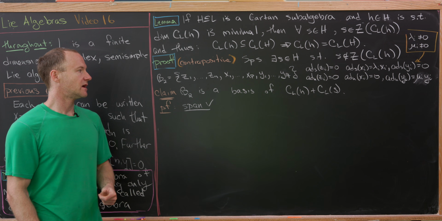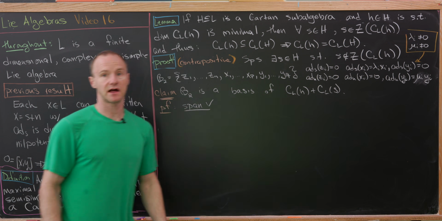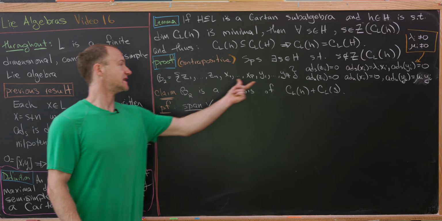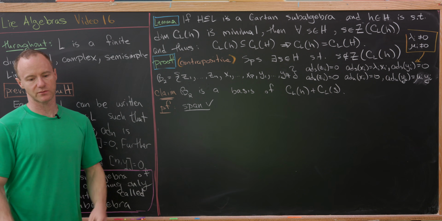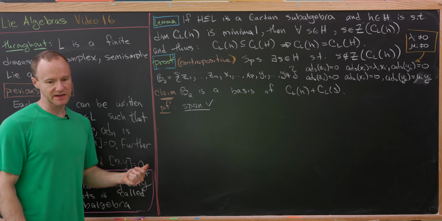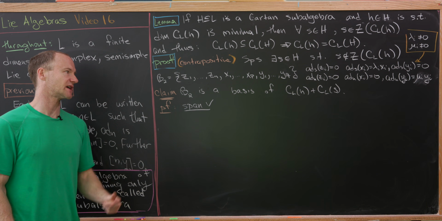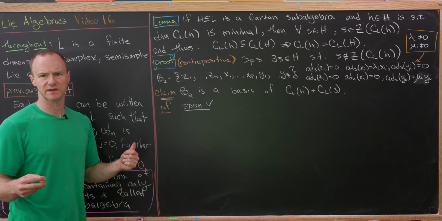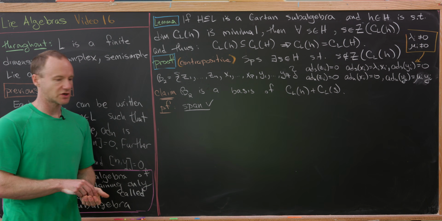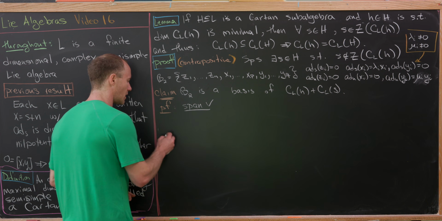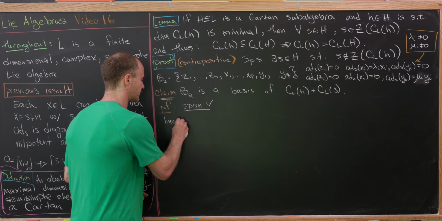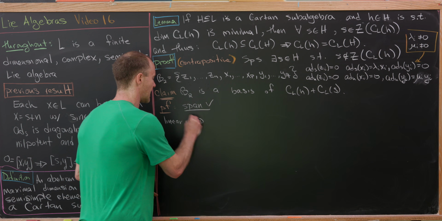And in order to get something inside of CLS, you'll use the Z's and the Y's for the same reason. So if you can get something inside of CLH and something inside of CLS, then you can get something inside of both of them. Since the spanning is clear, all that we really need to prove is the linear independence.